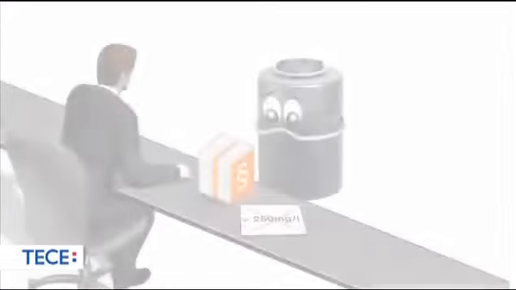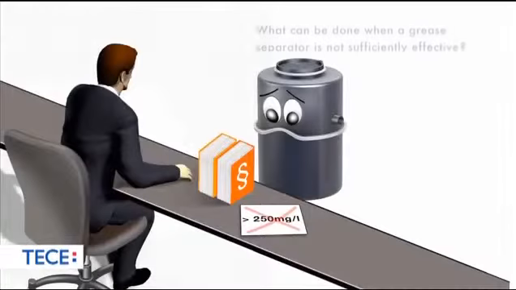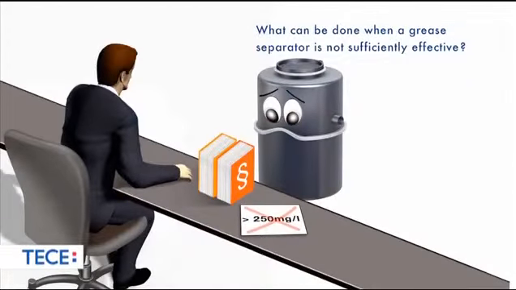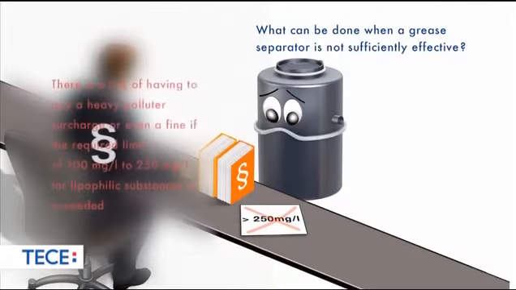What can be done when a grease separator is not sufficiently effective? Even when cleaned and serviced regularly, conventional grease separators are usually unable to remain within the more stringent limit of 100 mg per liter for lipophilic substances in wastewater. This is mainly because such wastewater partly contains emulsions, that is, non-separable oil and grease.